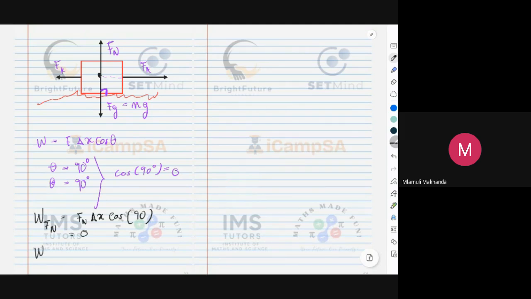Same applies to work done by gravity. You would have the same thing, equal to 0. Hence, we always ignore this. Unless the box is not moving horizontally, but is moving vertically, then you'd have a different thing in that case. Okay.